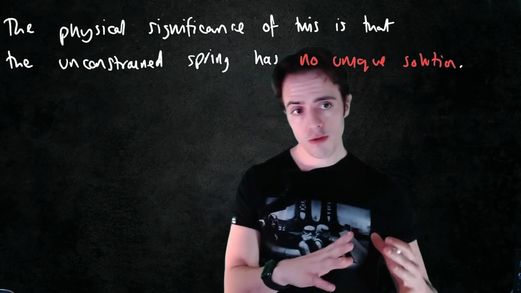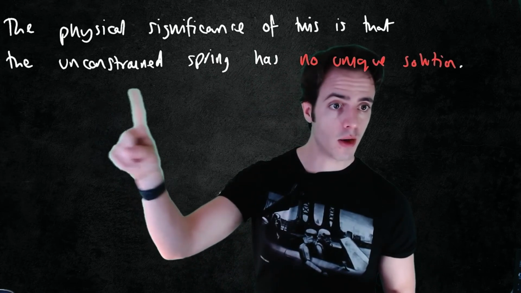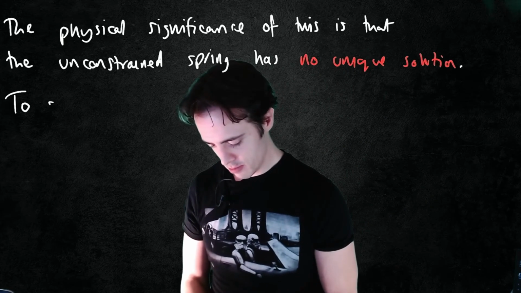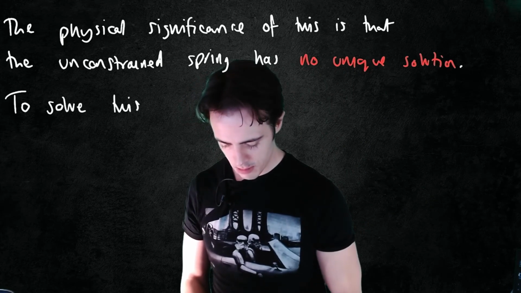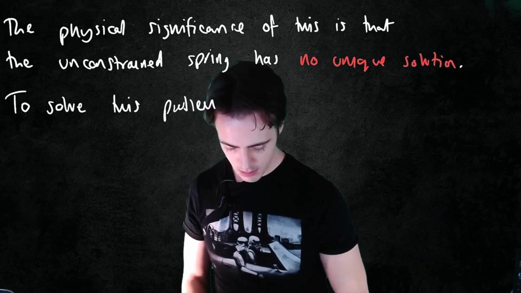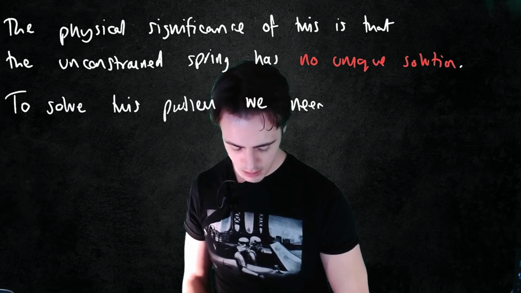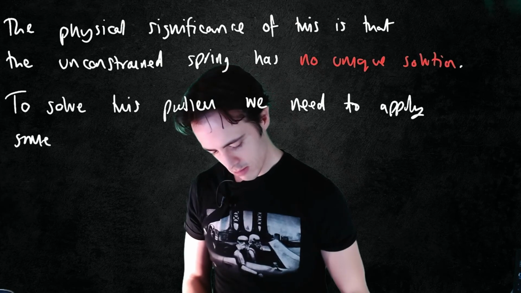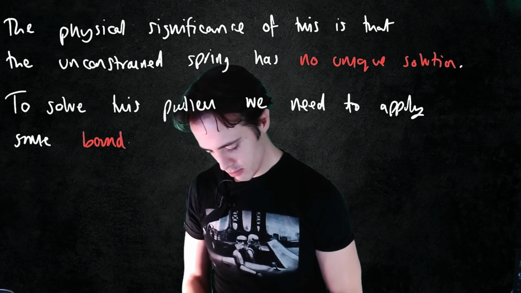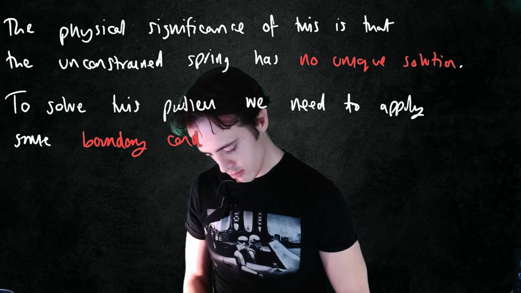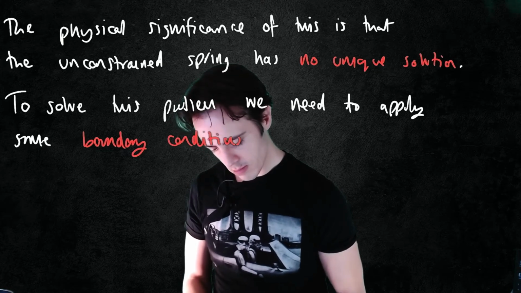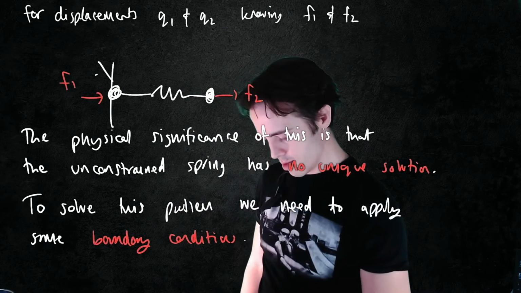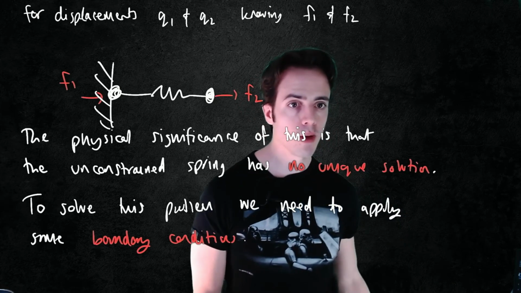So in order to solve for this, we need to constrain the problem. We need to apply some boundary conditions. So going back to this spring, let's say we change it to a built-in at this side.